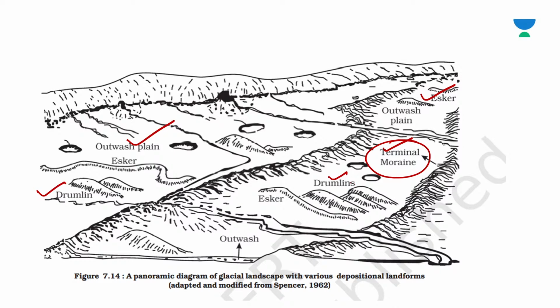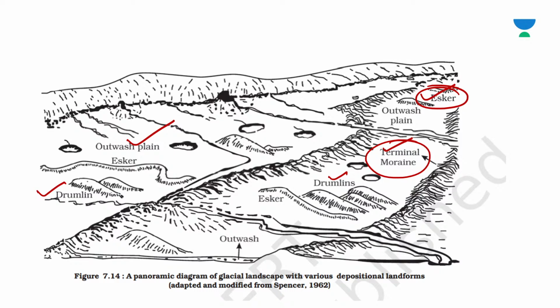Then eskers. Yes, esker. When glaciers melt in summer, the water flows on the surface of the ice or seeps down along the margins or even moves through holes in the ice.